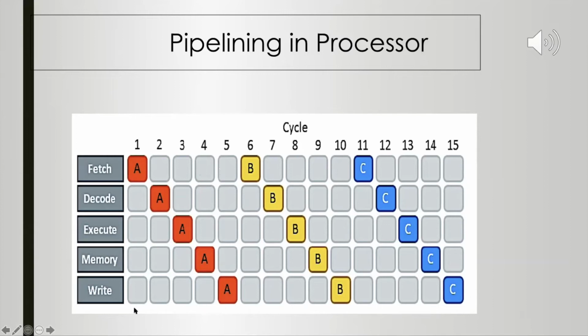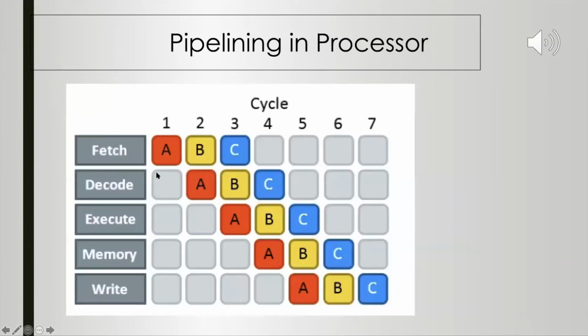However, if we apply the idea of pipelining, in cycle 1, we're still only fetching instruction A. But in cycle 2, we will be decoding instruction A, and we can begin fetching instruction B as the first part of the processor will be unused and available. And this holds for all stages of the processor.